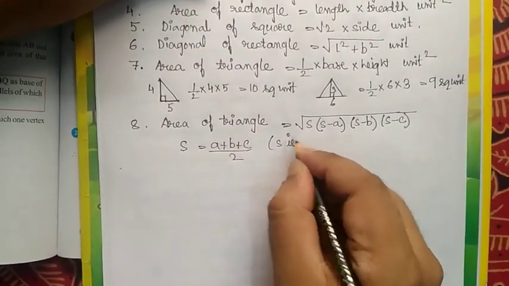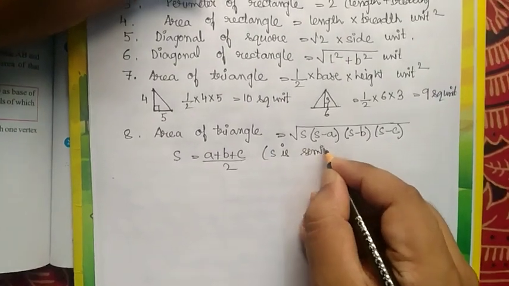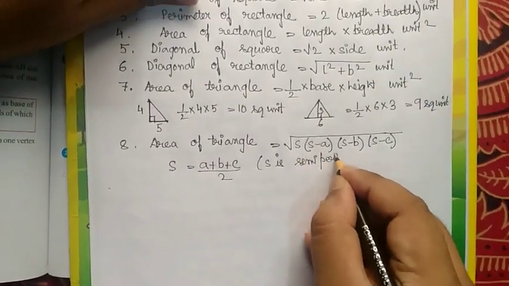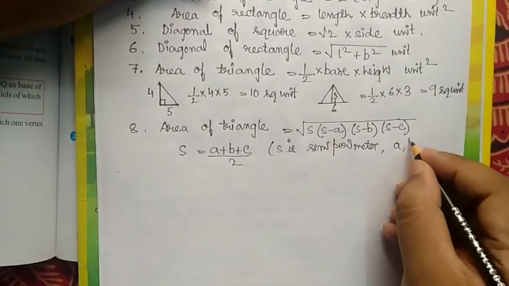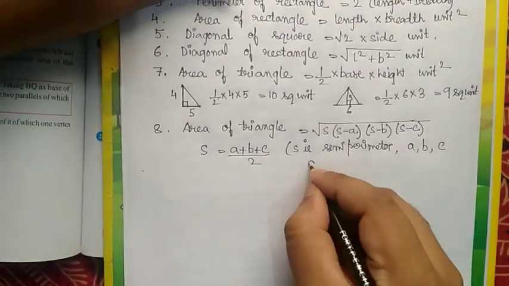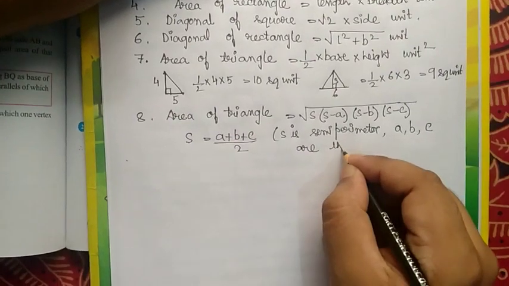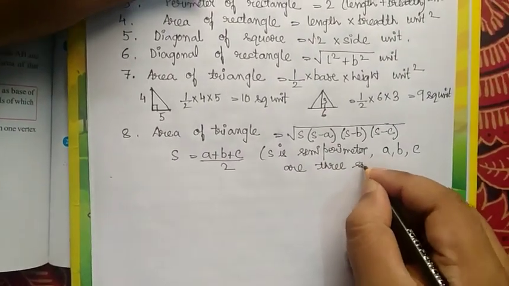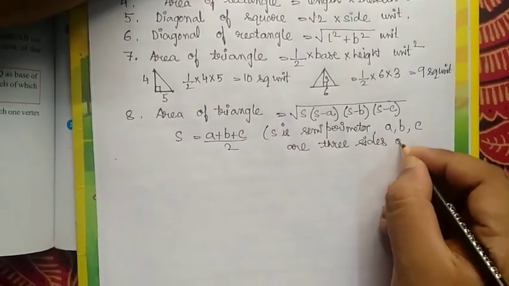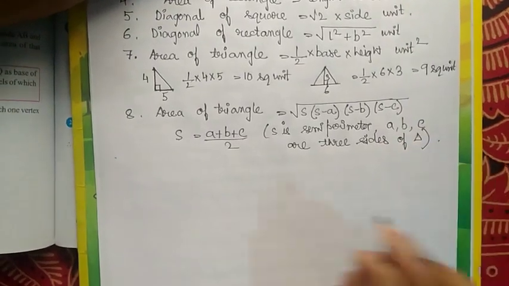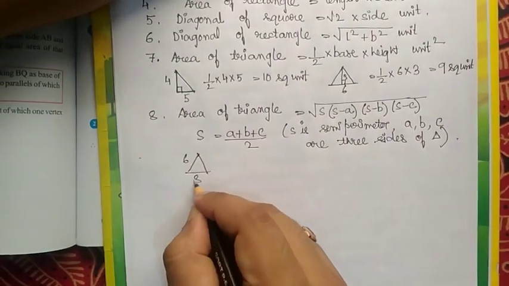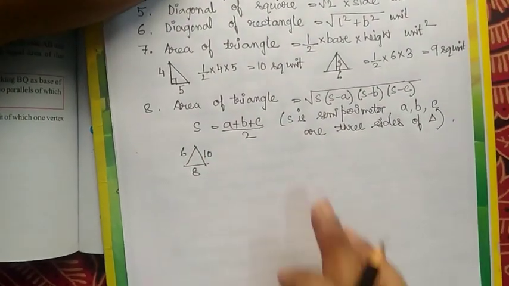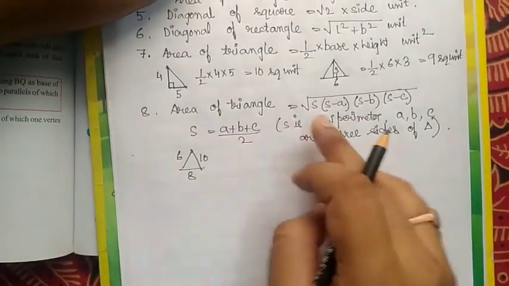S is the semi perimeter, and a, b, c are the 3 sides of the triangle. It means, suppose a triangle is given as this is 6, this is 8, this is 10, therefore we can do it with the help of this formula.